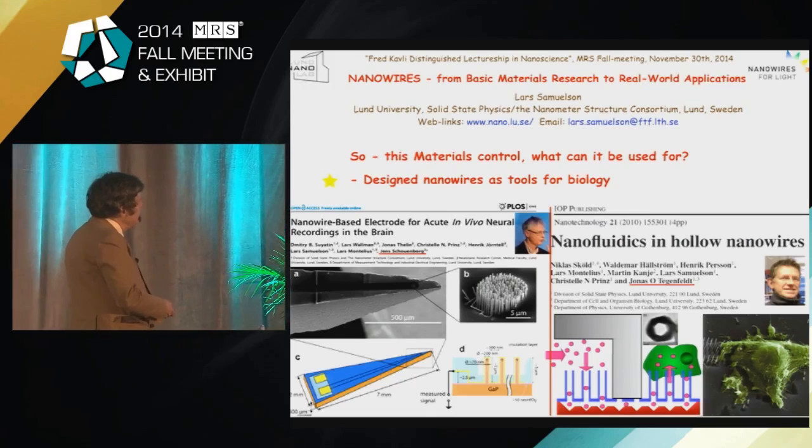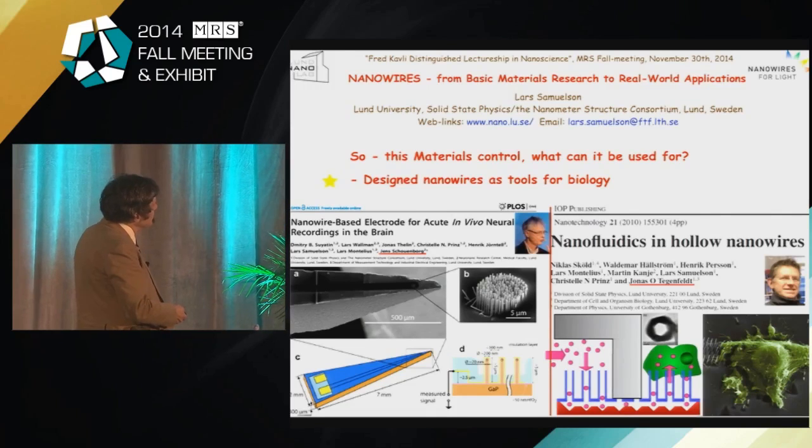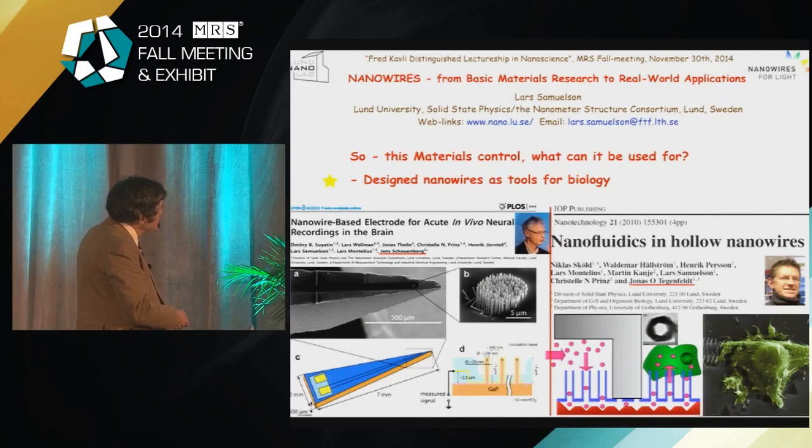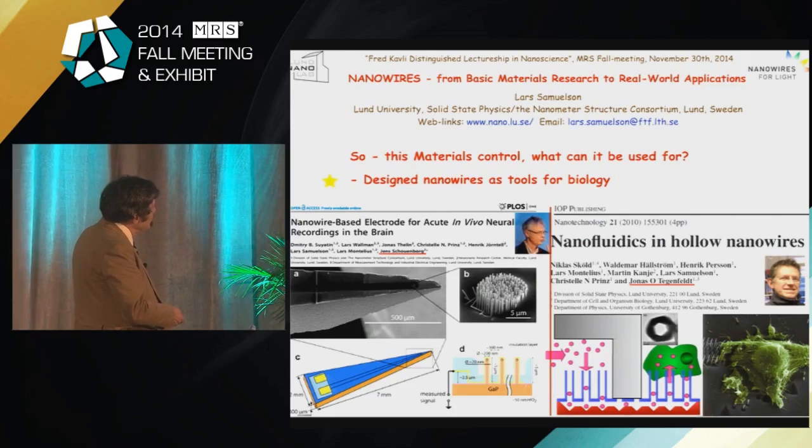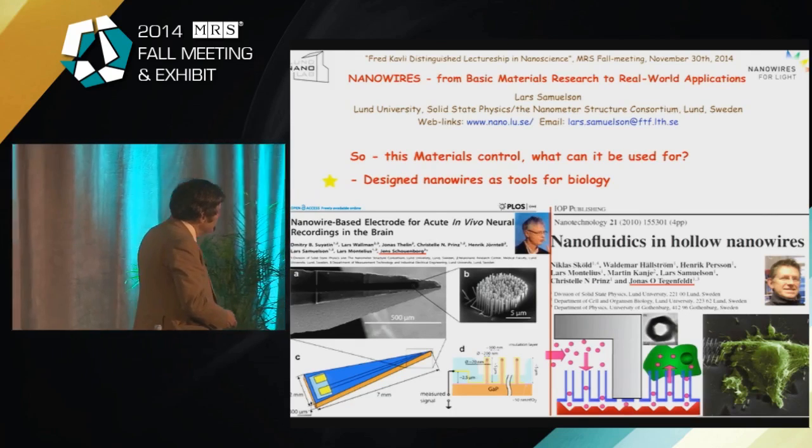The other example of what we are doing actually in the biomedical field relates to what Jonas Tegenfeldt is doing. He and I developed a technology for what we call nanofluidics in hollow nanowires. Here you see an etched-out core in the core shell nanowire. If you do this cleverly, you can integrate these hollow nanowires directly with microfluidic systems in, for instance, the silicon or any substrate on top of which these are grown.